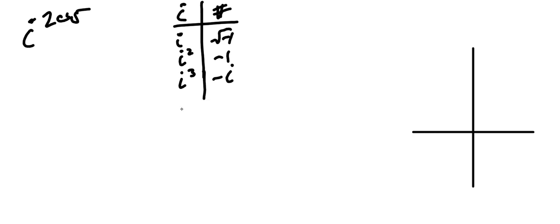And i to the fourth is equal to 1. Obviously, you don't need to go past that, because the cycle just repeats after that, because when you multiply i to the fourth times i, it's just i again. So we're going to try to manipulate this exponent to make it into a form where we can simplify it down to one of these 4 options on what it could possibly be.